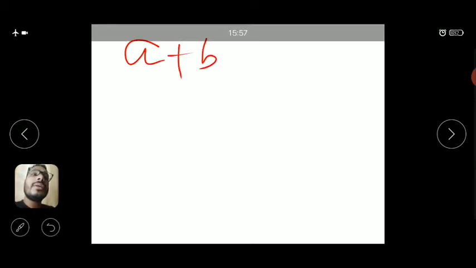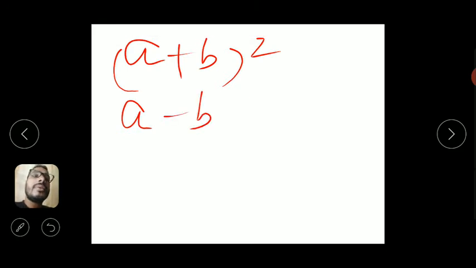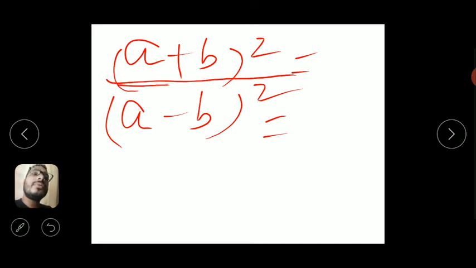equation. So in this particular method, two identities, not formulas, two algebraic identities are used. The first one is a plus b whole square, and the second is a minus b whole square. What is the value if you take the product of a plus b multiplied by a plus b?